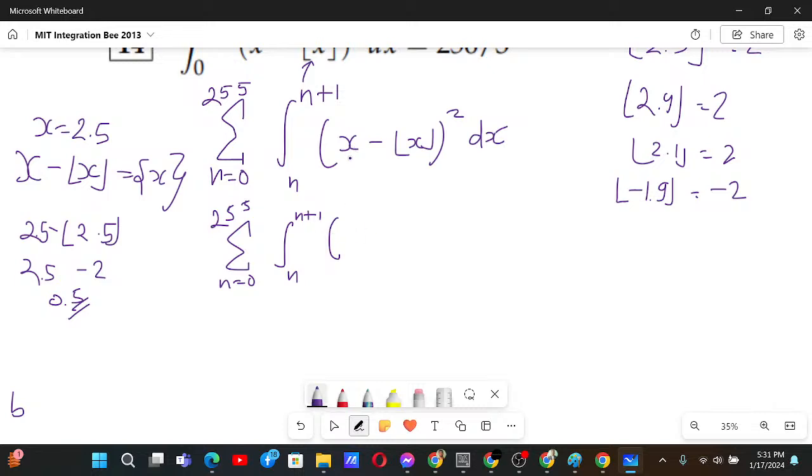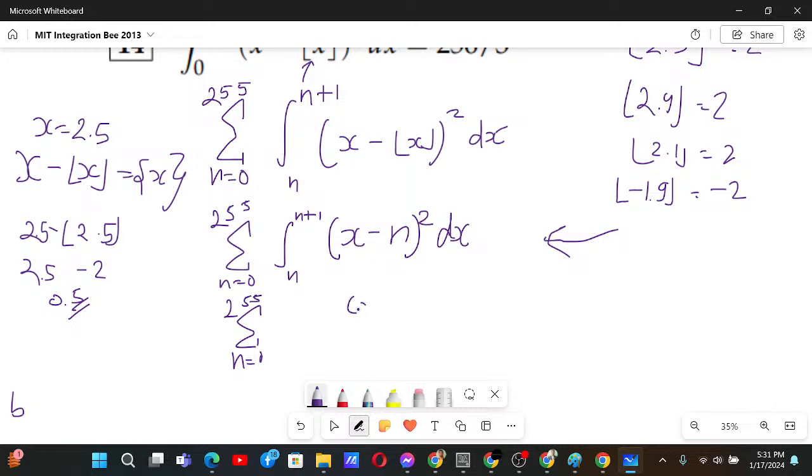In that case, the x will be 0.5, but g of x will be 0. So when it's going from n to n plus 1, let's say there's n.5. In that case, this will be x and this will be n itself. So in this interval of integration, this will be x minus n square actually. So that's the benefit of making this kind of manipulation. Now it's easy. After this, there's nothing more to do.